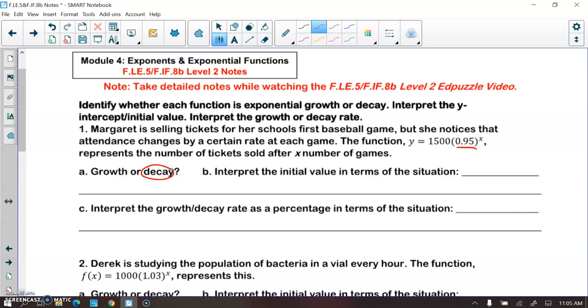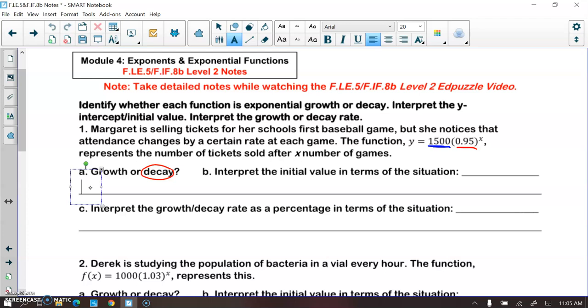Now it says to interpret the initial value in terms of the situation. Your initial value is your A, so that's 1500. And when it says in terms of the situation, that means put it into perspective of the situation that's being presented to you. So I'm going to be saying that the 1500 is going to represent the number of tickets at the first game, because the initial value is where we start.